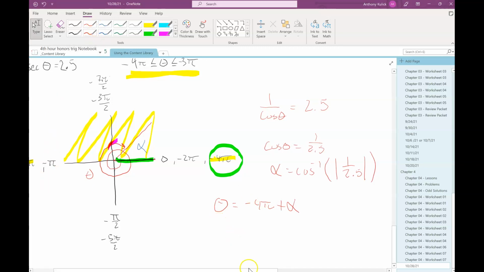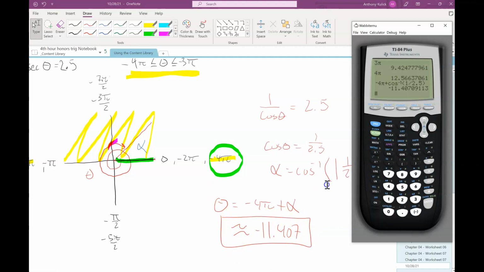So what was this? This was 11.407. And again, if I wanted to check that, I am getting 1 over cosine to be positive 2.5.